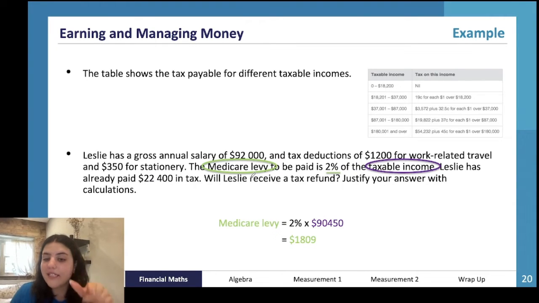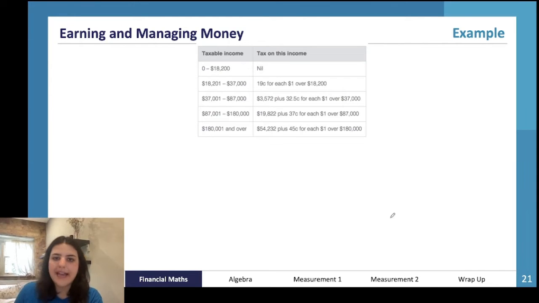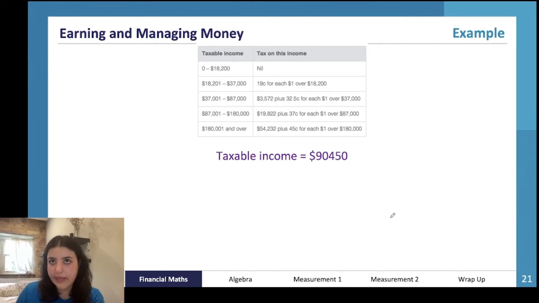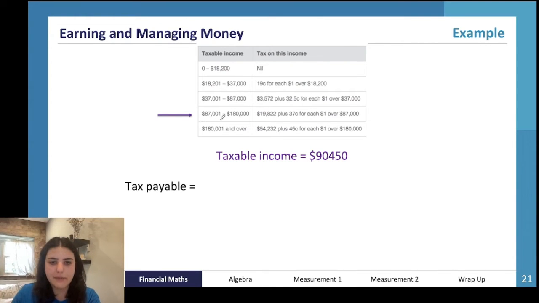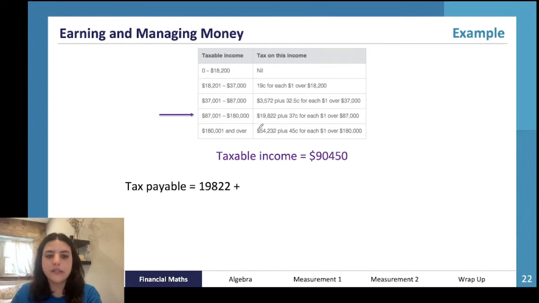So we then need to work out the Medicare levy. The Medicare levy is 2% of that, which is $1,809. And so now we know our taxable income is $90,450. Our tax payable is going to fall into this bracket because it's between $87,001 and $180,000. So we follow the instructions.